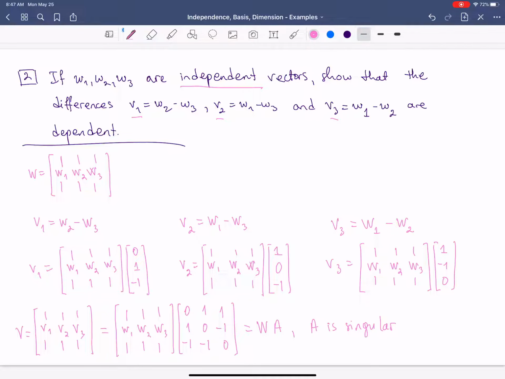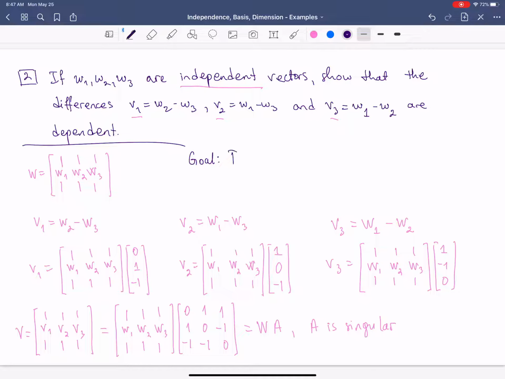So what is the goal I'm trying to reach here? I'm trying to show that the vectors v1, v2, v3 are linearly dependent. Well, that is the same as saying, so maybe I'll write the goal here.